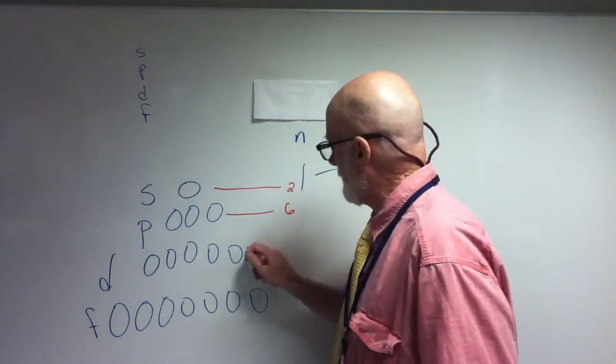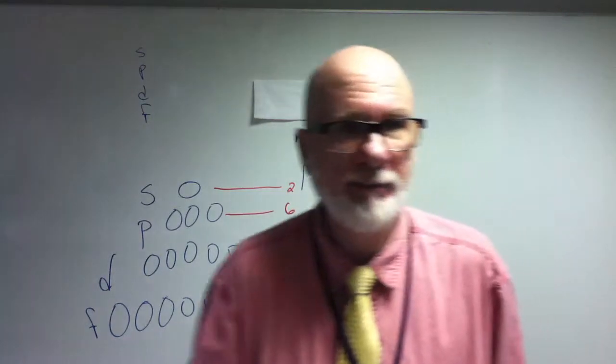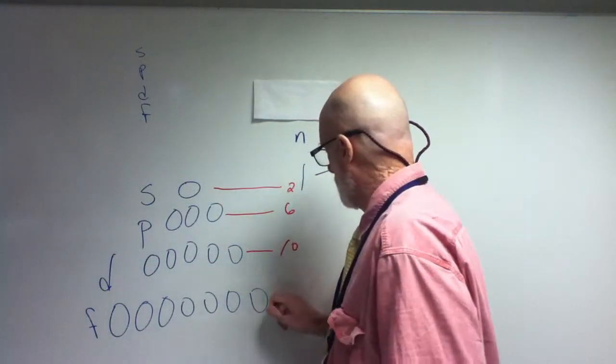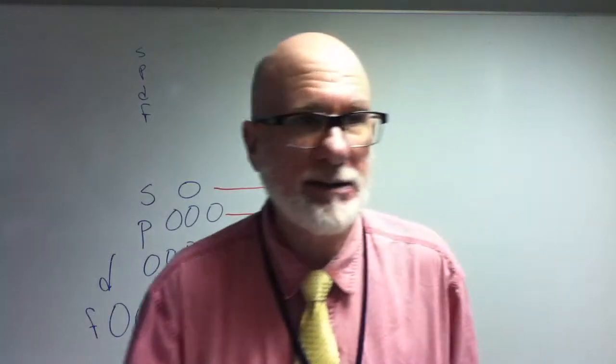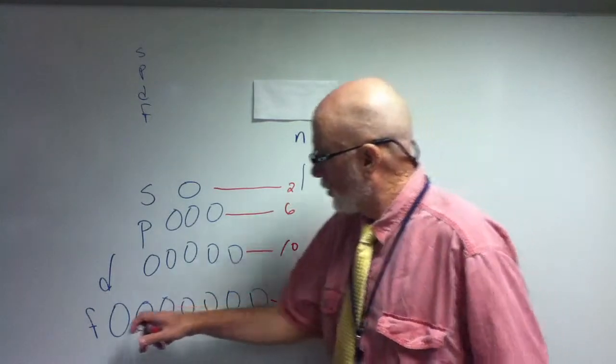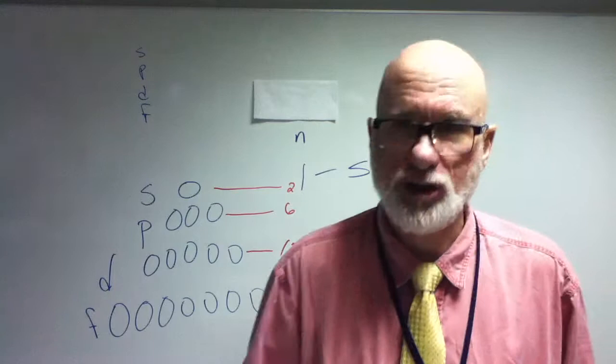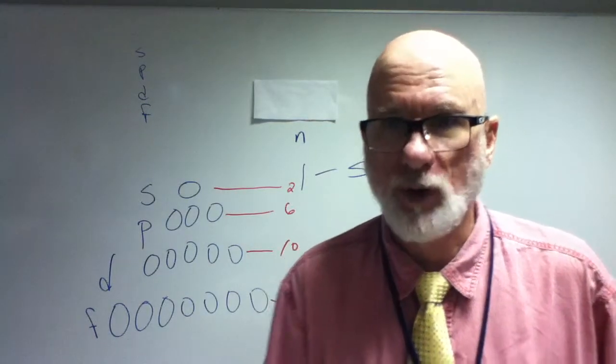Very good. How about D? Anybody? Mr. Hahn? How many? 10. Very good. Okay. Anybody else? F? Alex, what do you think? 1, 2, 3, 4, 5, 6, 7. And I can put 2 in each. So it'd be 14, right?